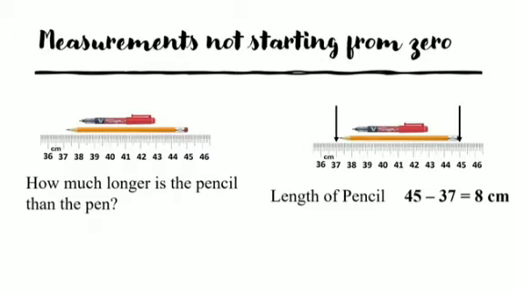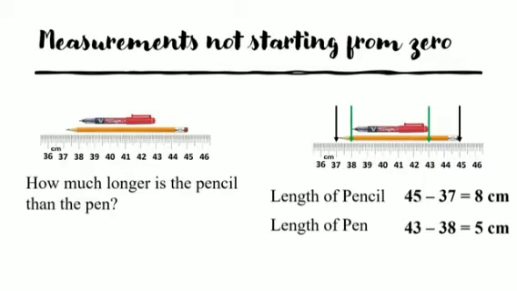Similarly, we can find the length of the pen by subtracting the endpoints. Here and here are the endpoints, so that the length of the pen will be equal to 43 minus 48 centimeters, and this is equal to 5 centimeters.